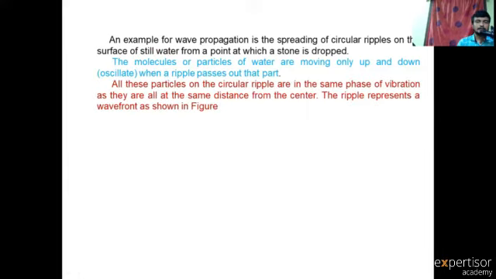All these particles on the circular ripple are in the same phase of vibration as they are all at the same distance from the center. So here ripples are generated at one point.